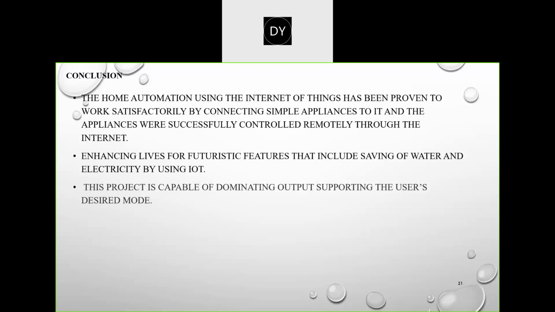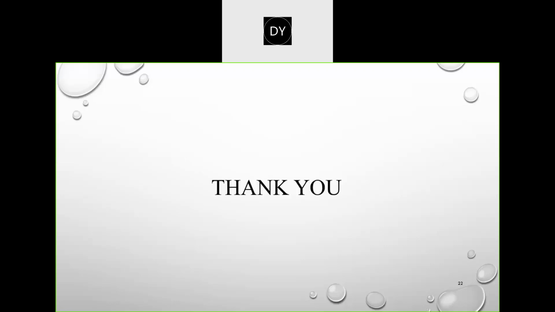We have used LED, heater, cooler, etc., and a water tank level indicator, etc. And this project enhances lives with futuristic features that include saving of water and electricity by using IoT. This project is capable of supporting the user's device. Thanks.